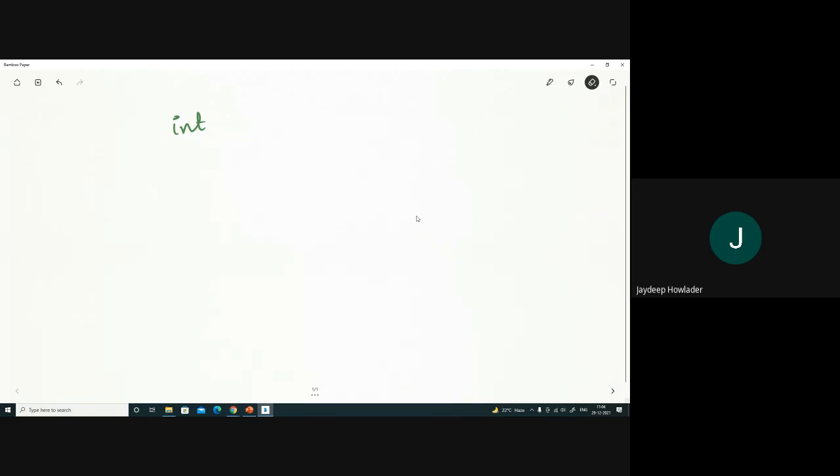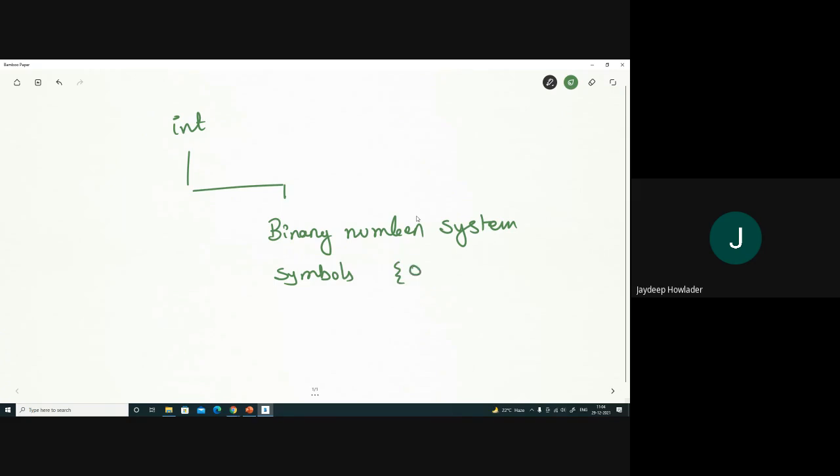We use a representation which is called the binary number system. And in this binary number system, there are symbols which are 0 and 1, and we have the base which is 2.